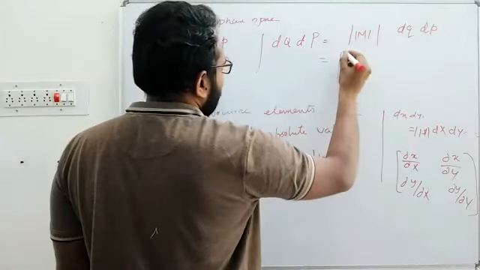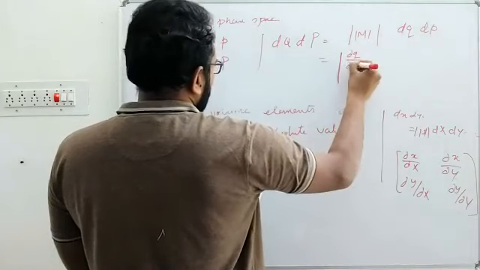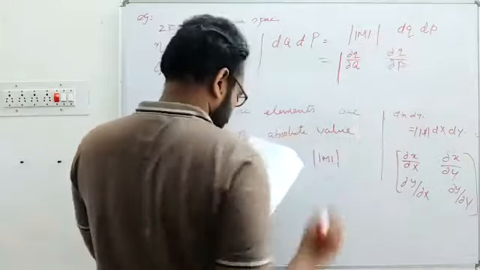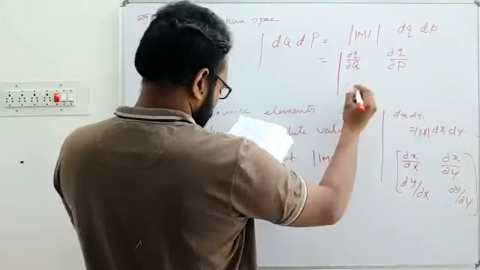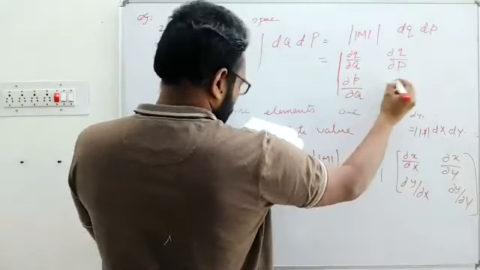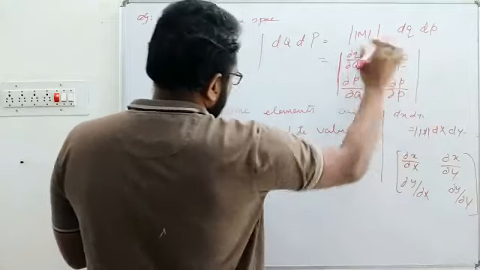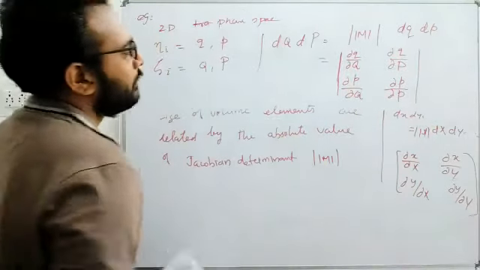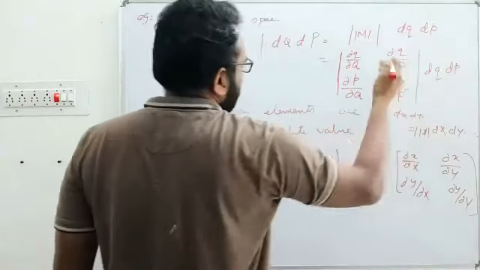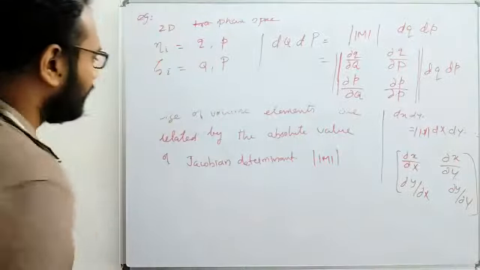By construction, the determinant is ∂Q/∂q, ∂Q/∂p, ∂P/∂q, ∂P/∂p. This is known as the Jacobian matrix. We are taking the determinant of the Jacobian matrix, and we also need to take the absolute value.